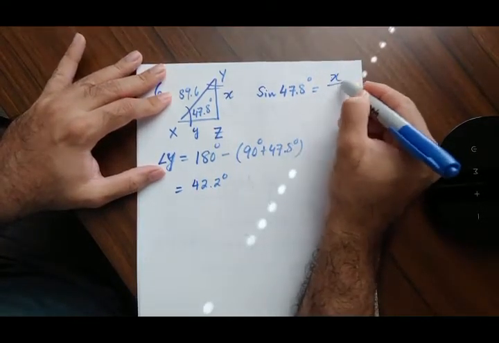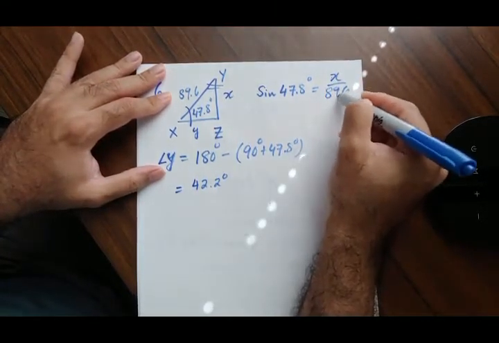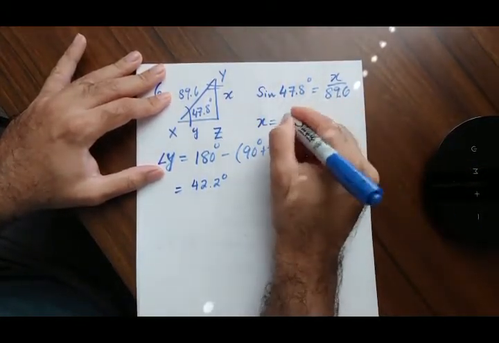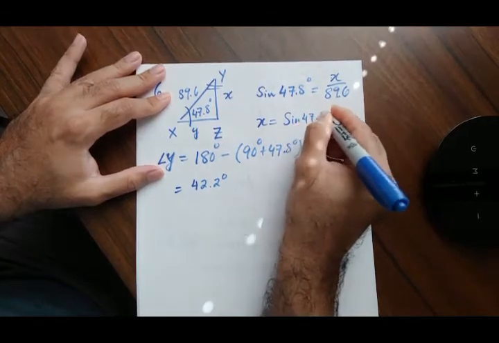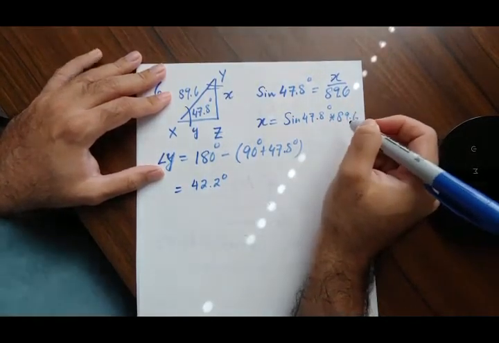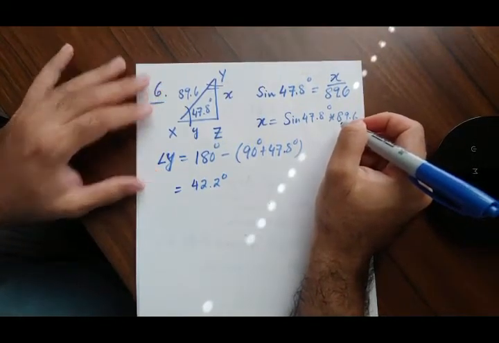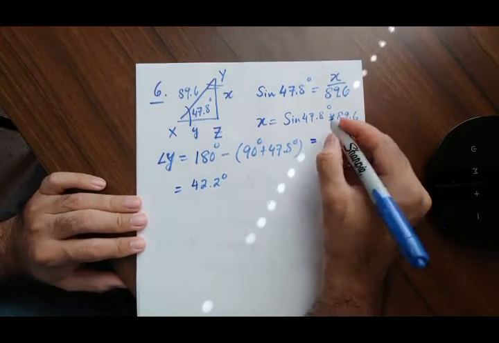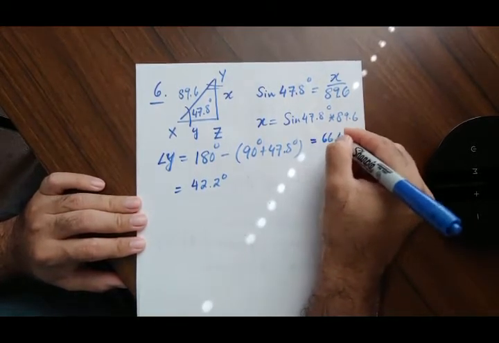So that'll be X divided by 89.6. How to find X? Multiply 89.6 on both sides. So sine 47.8 degrees times 89.6 should give you the value of X, which is 66.4 centimeters.